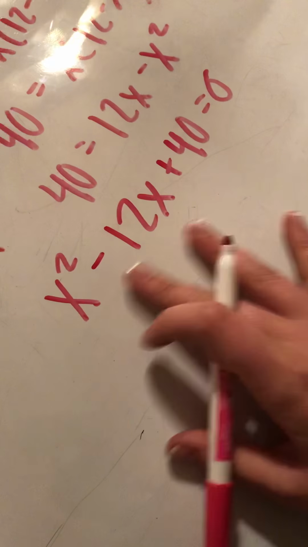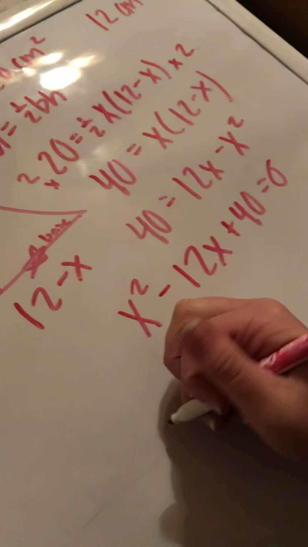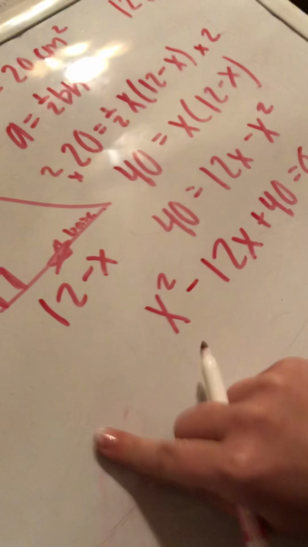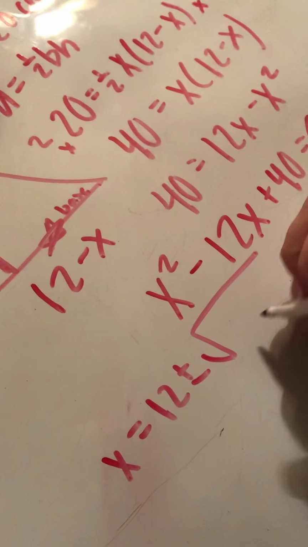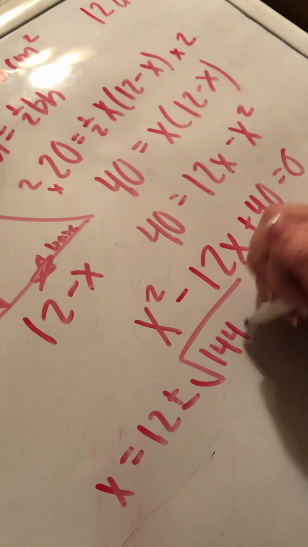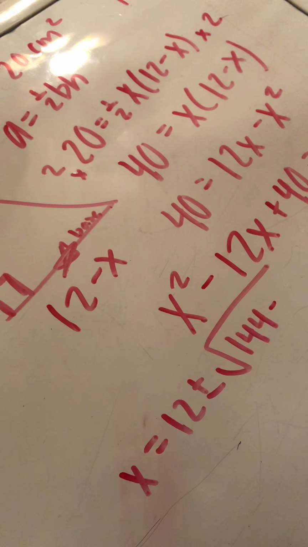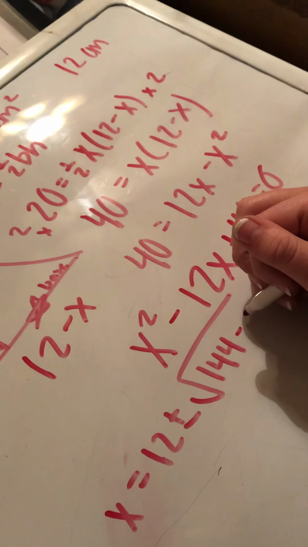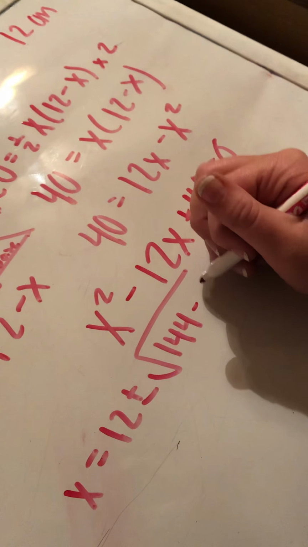This is one where you'll have to use the quadratic formula, because there's no factors of 40 that add to give you negative 12. So x equals negative b plus or minus the square root of b squared minus 4ac. 4 times 40 is 160.